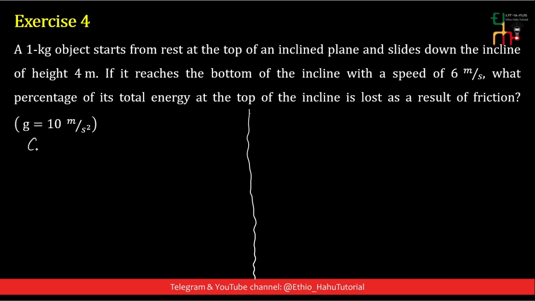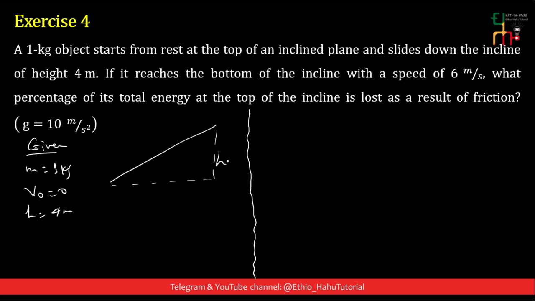Here, given that mass is equal to 1 kilogram, starts from rest, the initial velocity is 0, at the top of an inclined plane and slides down the incline of height h is equal to 4 meter. This is the incline, this is h, 4 meter.